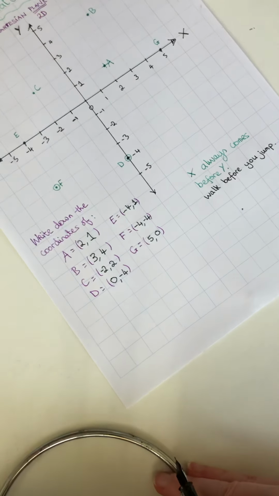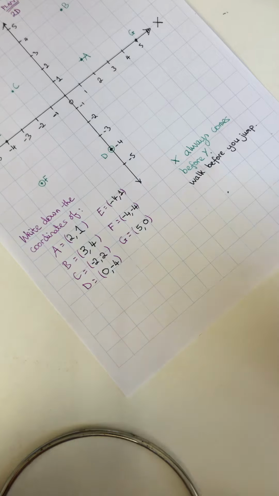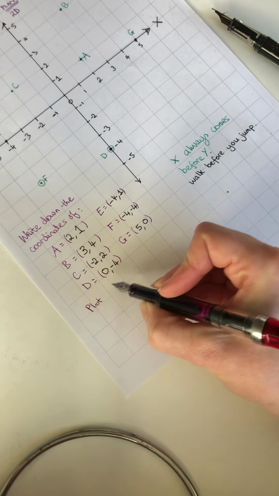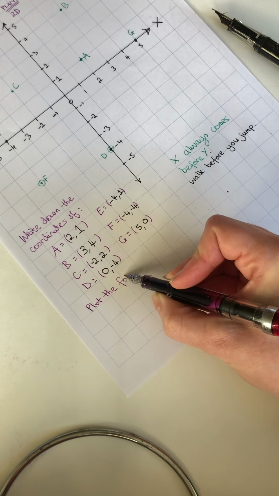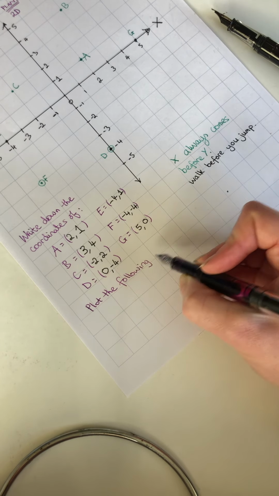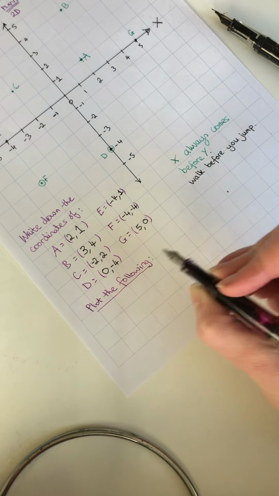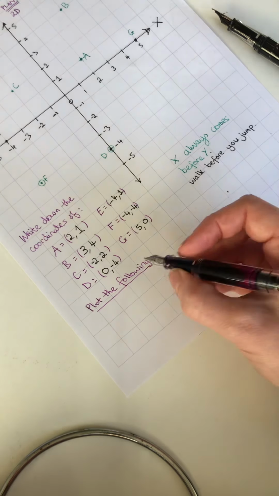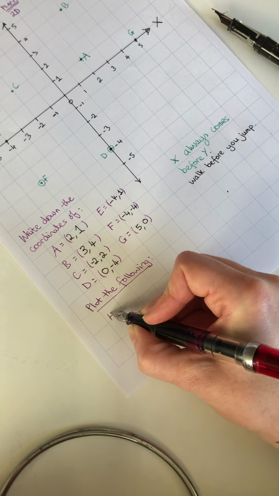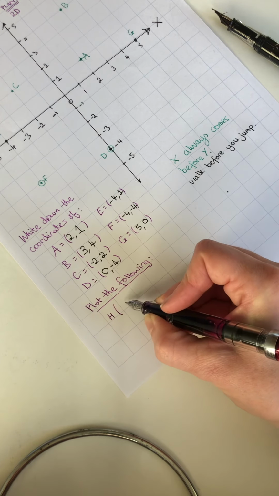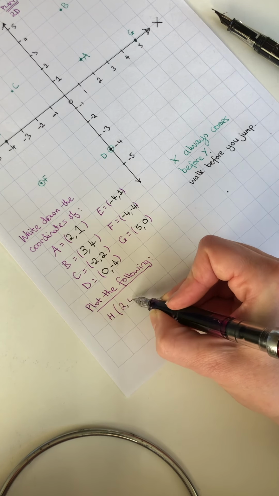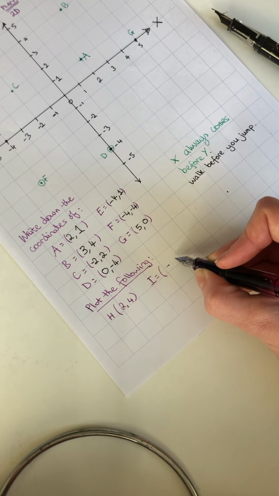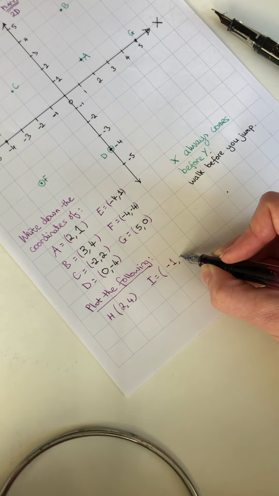Now, it's easy enough to read the points. What about if we were asked to plot some points? So plot the following. And we're going to plot the points H. We'll make them both positive. 2, 4. I. -1, -3.